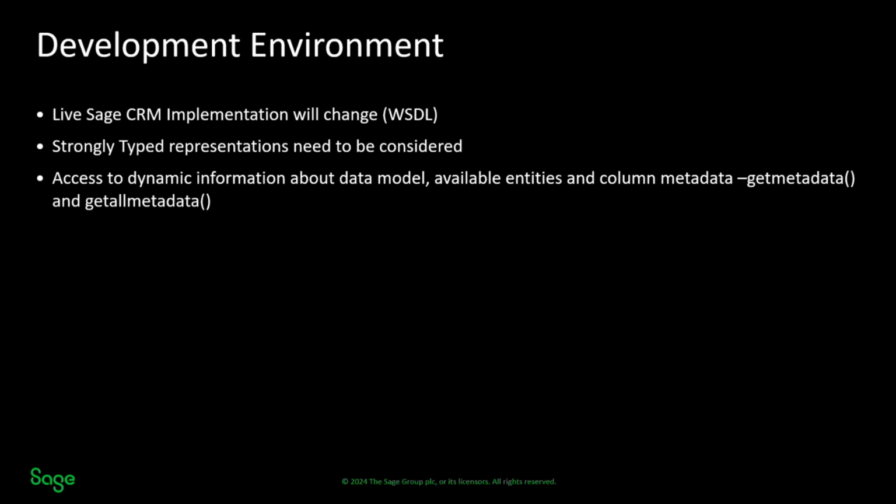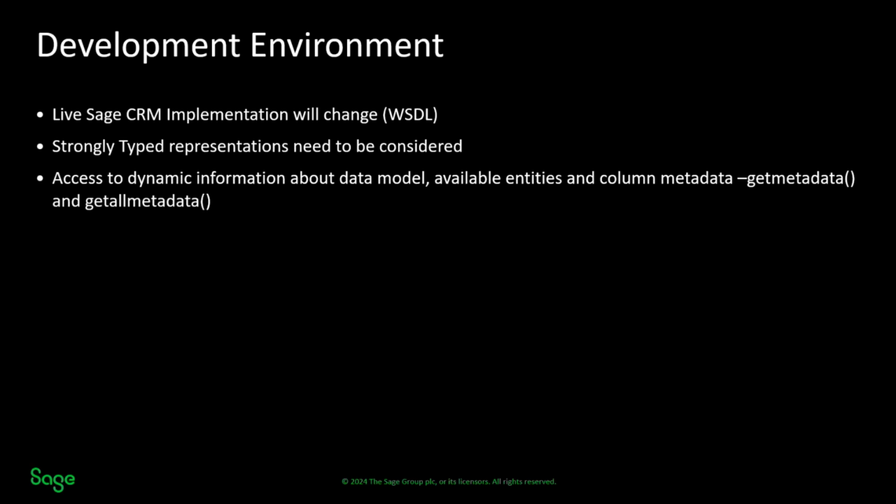You only get the WSDL once, and you then have to make assumptions on how the system is working. A live Sage CRM implementation will change. So choosing the right methods to find the information and insert the data is necessary, as is testing the assumptions about that. That's why the metadata methods that I've talked about allow you to handle uncertainty.